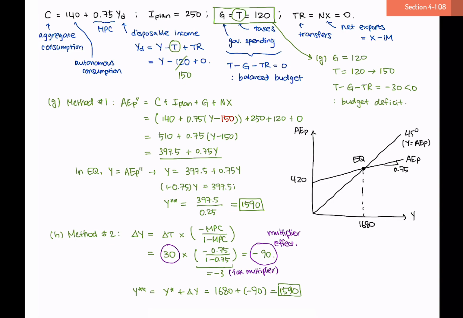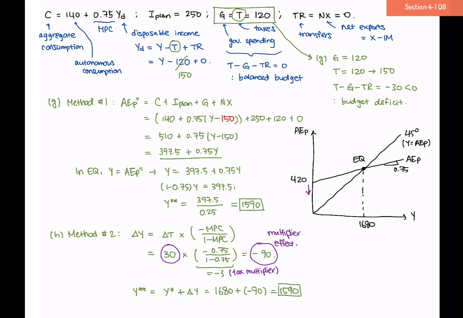Now, what happened after the rise in taxes? Our planned aggregate expenditures fell as a result because higher taxes mean people have less money to spend, but by how much? In the case of taxes, just because taxes rose by 30 doesn't mean that you'll be reducing your consumption by 30. Why? Because your MPC, or marginal propensity to consume, is between 0 and 1.